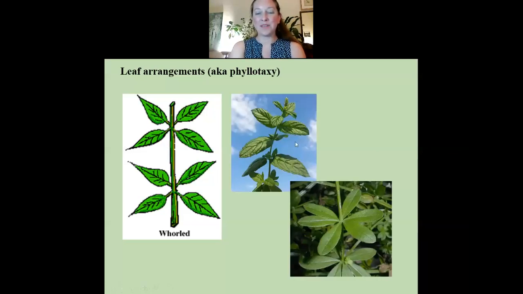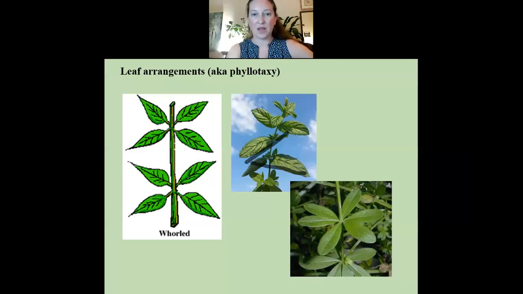So here's some examples of whorled leaves. The one on the top is mint. Mint is known for having these whorled leaves. So again, it's going to go from this to this to this to this. This one is going this way, whereas this one is coming at us.